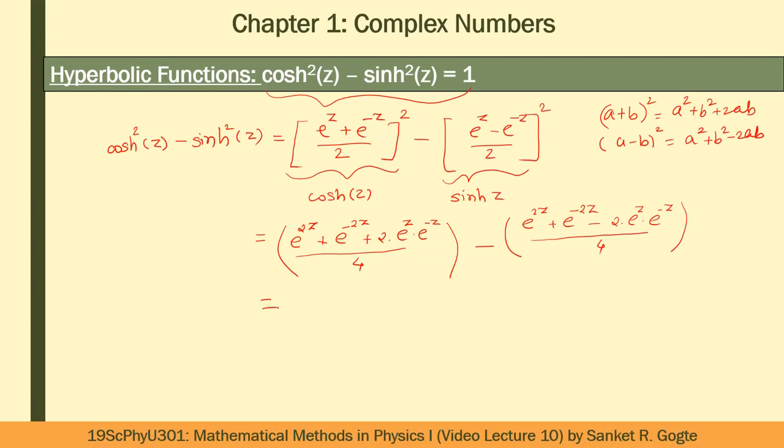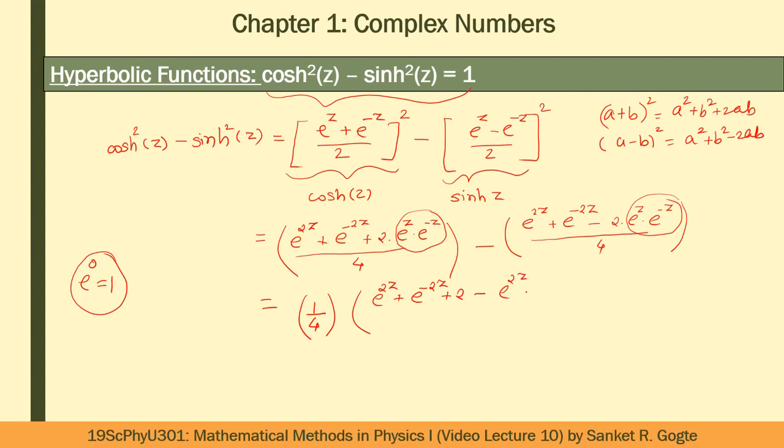This is equal to, now I can take 1 by 4 common. If we consider this term and this term, we have e to the power 0 in both the cases, which is equal to 1, and therefore this is now equal to e to the power 2z plus e to the power minus 2z plus 2 minus e to the power 2z minus e to the power minus 2z plus 2.